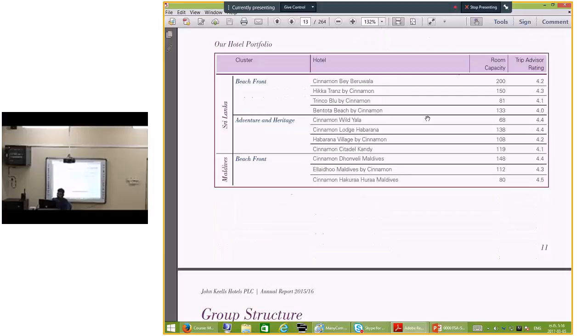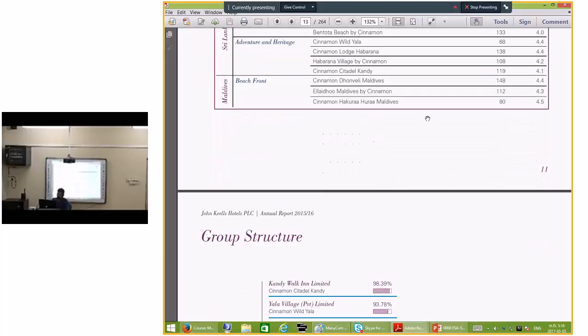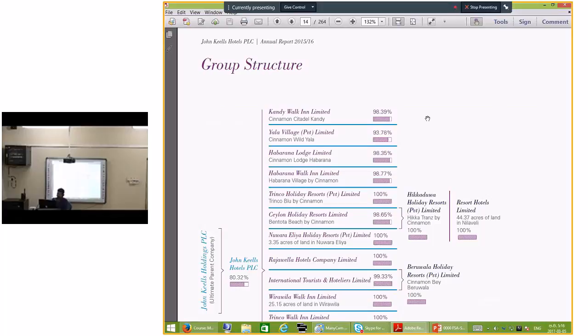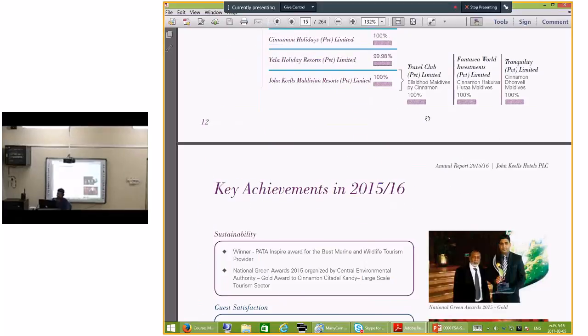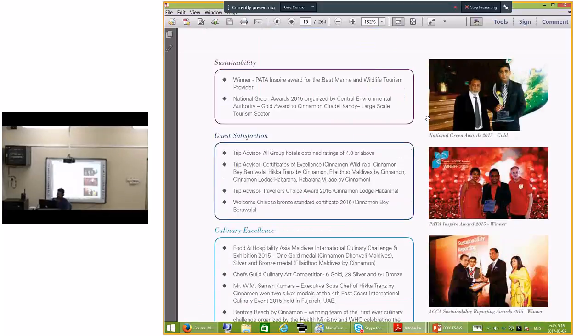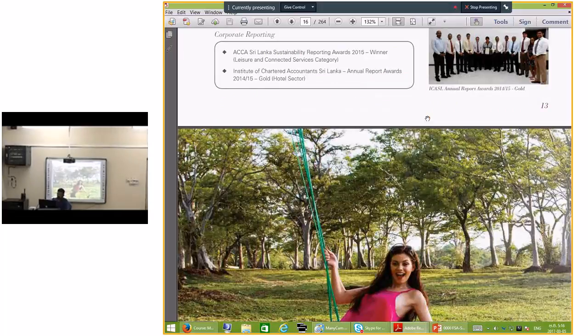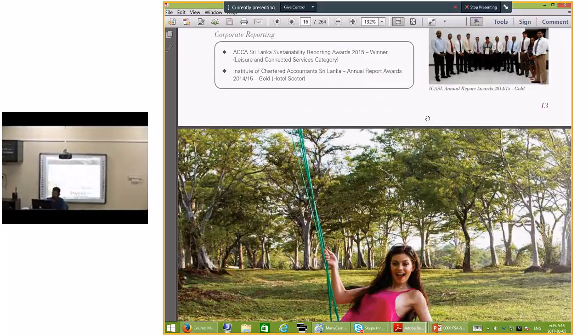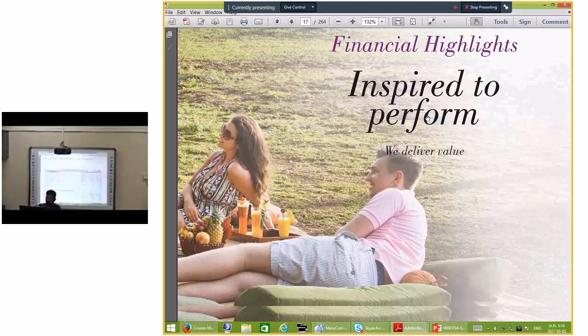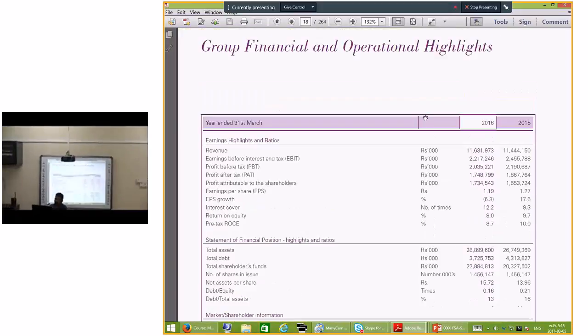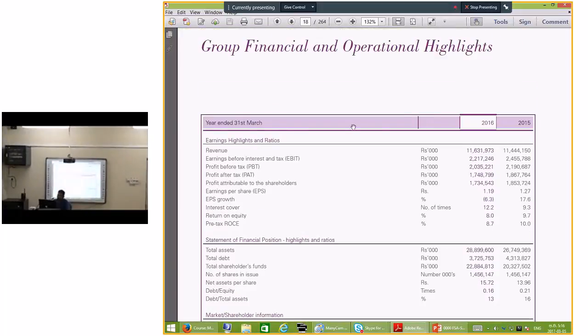Yes, you can see the hotel portfolios, group structure, key achievements in year 2015-16, and their facilities. Here again, financial and operational highlights are also given as in the previous one.